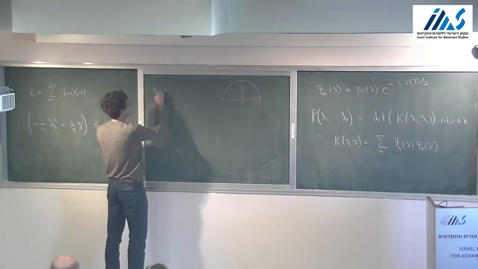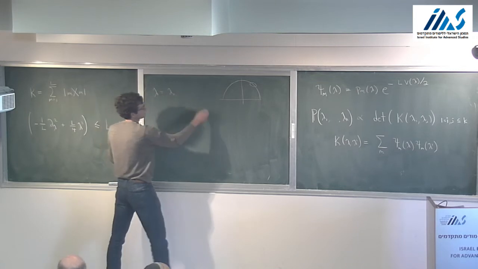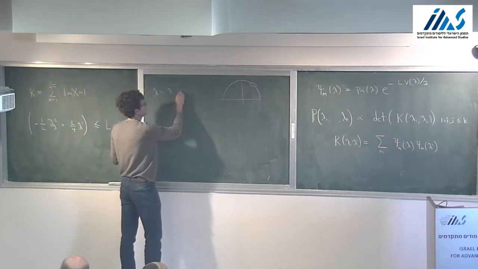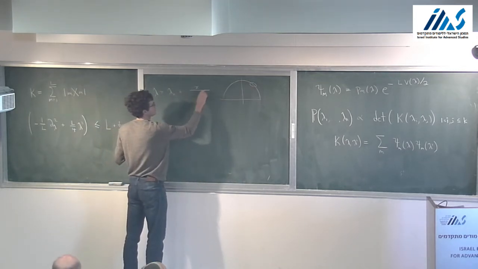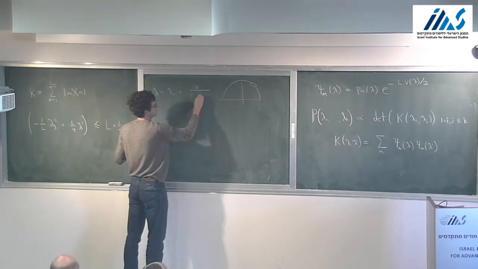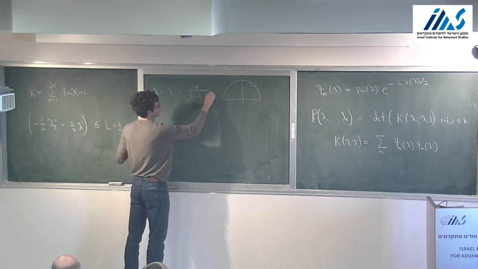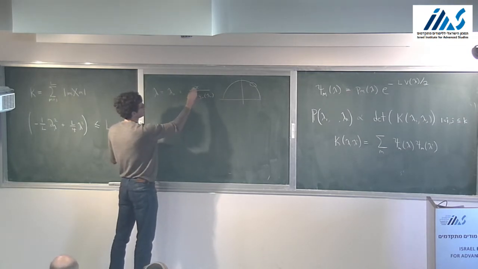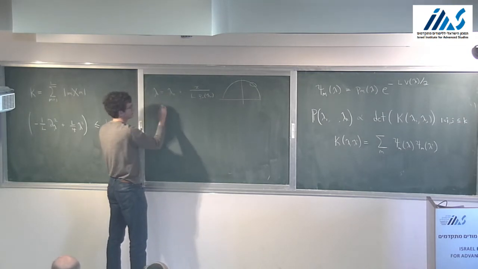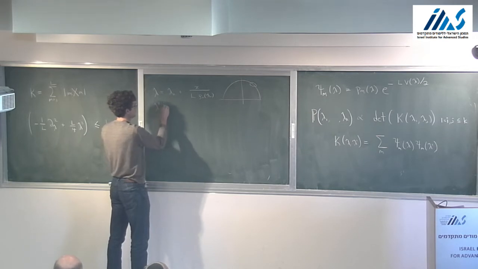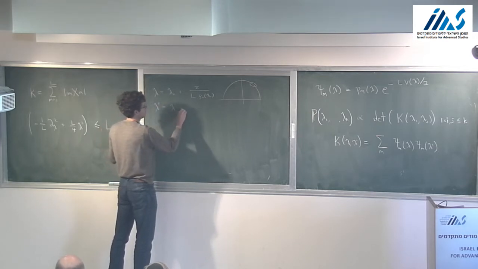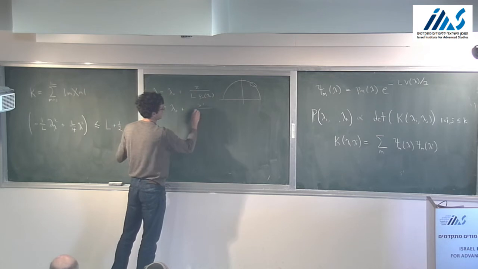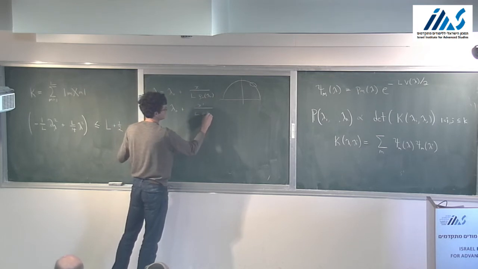So we can say that lambda is equal to some lambda naught, the center of this point, plus a parameter we'll call x, divided by L times rho naught of lambda naught. This is a convenient normalization factor. And the factor of L here means that we're going to be close to this eigenvalue lambda naught. Similarly, lambda prime will be lambda naught plus x prime over the same normalization factor.